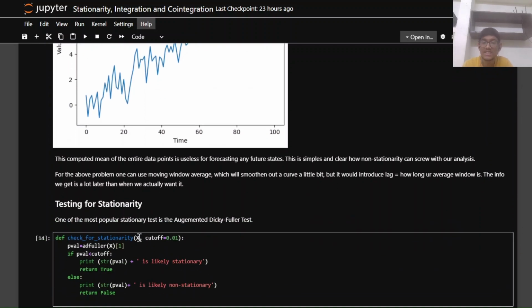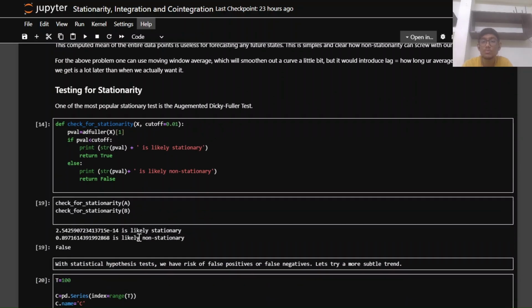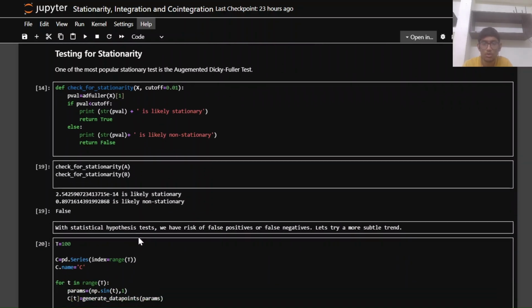Now let's look at some tests for stationarity. One of the most popular ones is the augmented Dickey-Fuller test. We won't go into the math of how to test for stationarity; we'll just call functions, quickly find out the p-value, define a cutoff, and then figure out whether the data set given to you is stationary or not.